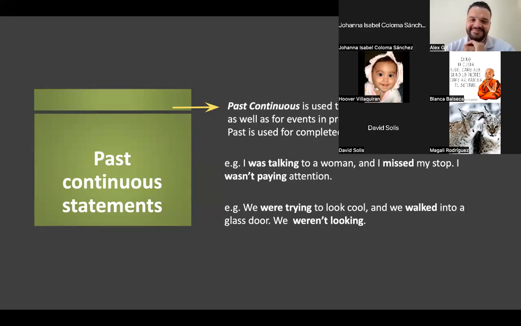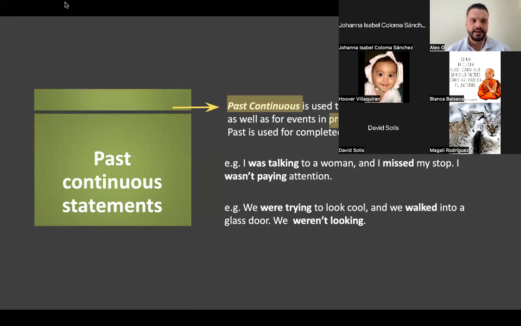Past continuous is used to set the background for a story as well as for events in progress in the past. Then simple past is used for completed actions. Absolutely. Excellent, Magali. So we can see that we're going to use the past continuous for background or for something that's in progress at the moment, right? The simple past is going to be used for completed actions.